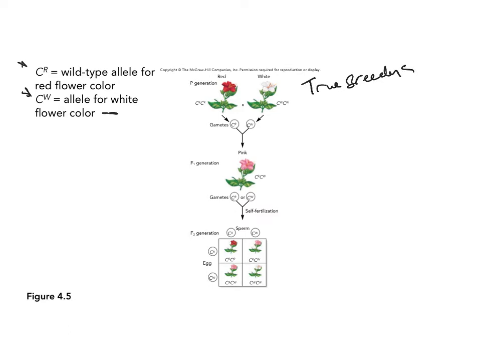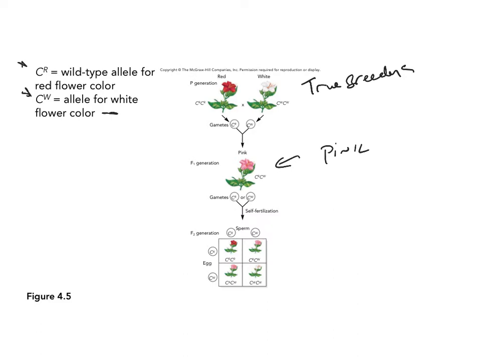When we get to our F1, what we see here is a pink offspring. So that is not, number one, a trait that you see in the parents. However, it's not either the red or the white, as you would see in the classic complete dominant situation. It's actually a phenotype that's intermediate between these two.